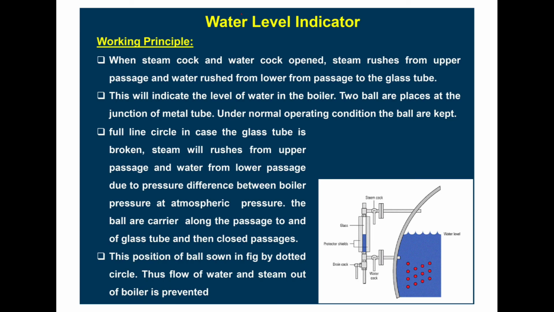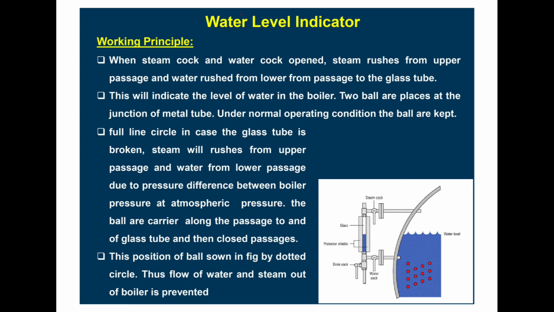Two balls are placed at the junction of the metal tube under normal operating conditions. The balls are kept in the full line circle. In case the glass tube is broken, steam will rush from the upper passage and water from the lower passage due to the pressure difference between boiler pressure and atmospheric pressure.